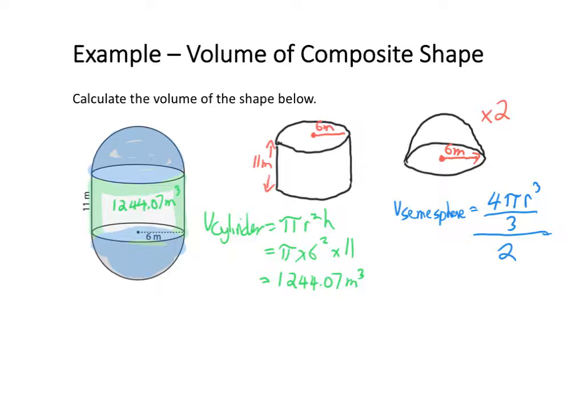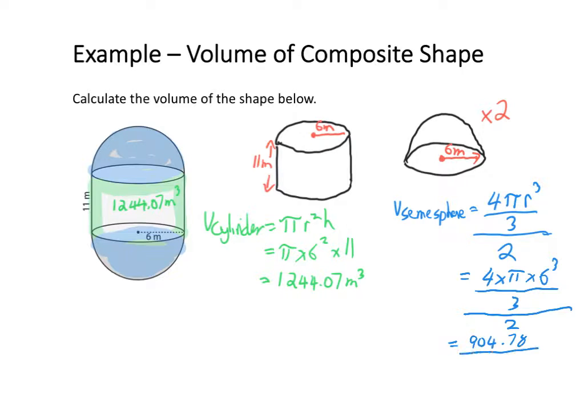The next step is to substitute in my values. So 4 times pi times my radius of 6 cubed divided by 3, and then I divide that by 2. Doing the top part of my equation, my numerator, which is the volume of a sphere, I get 904.78.